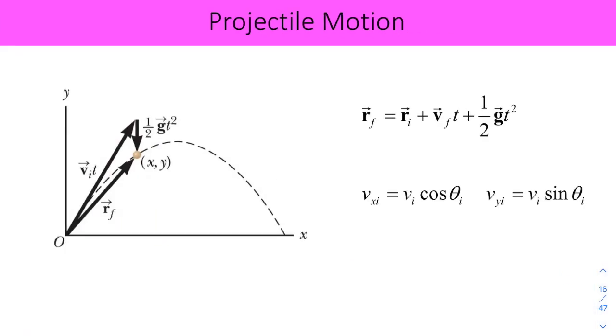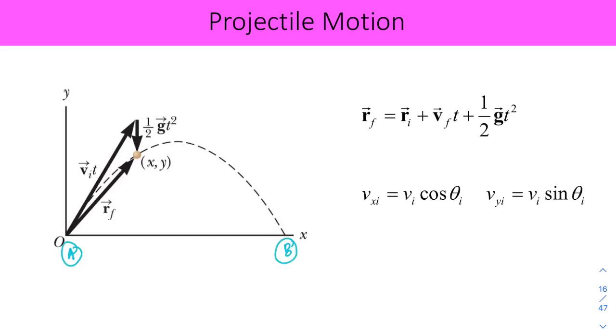So in terms of understanding of the vector, what are we doing here? Let's say an object moves from the origin and back to the ground, from point A to point B here.